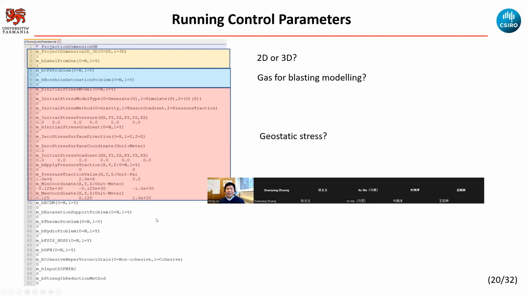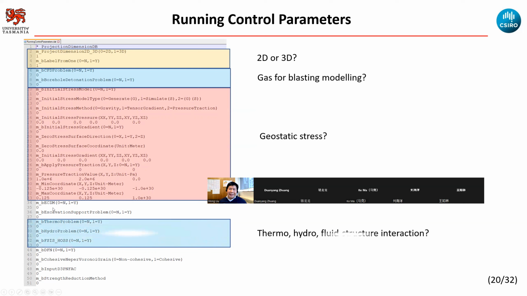Then the next one is the excavation. Previously I introduced the implicit, intrinsic, or extrinsic approaches. Here we use intrinsic, which means we insert a cohesive element everywhere in the rock sample, no matter whether the failure will occur there or not.